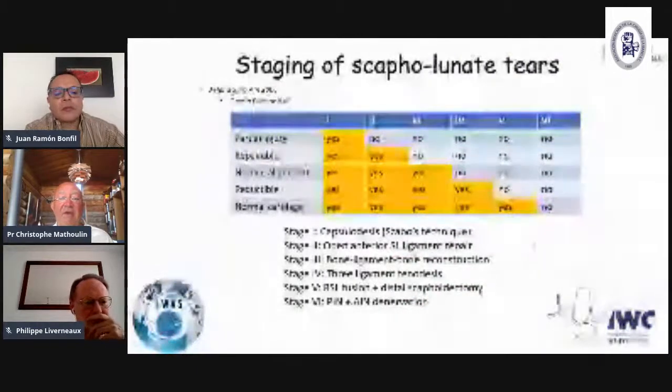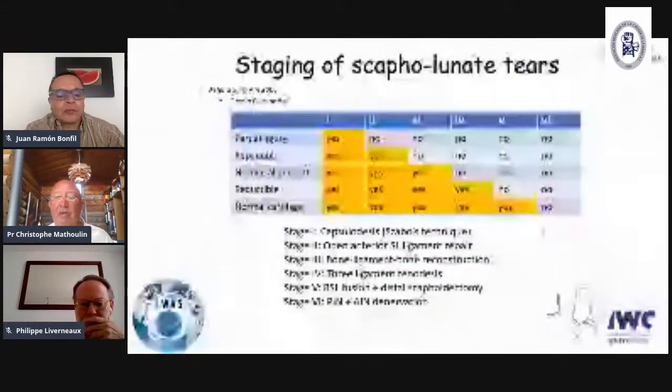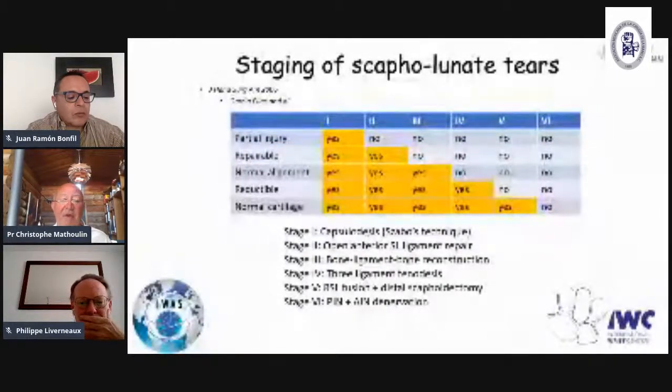In 2006, there was a very important publication by Marc Garcia-Elias, asking 5 different questions. He proposed not a classification, but a separation into 6 groups. And he proposed different techniques according to the different groups, from capsulodesis to denervation and up to arthritis.